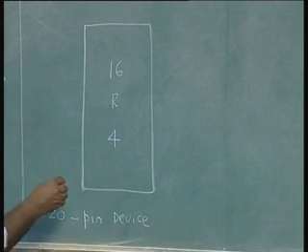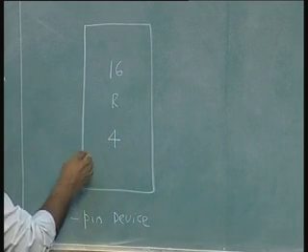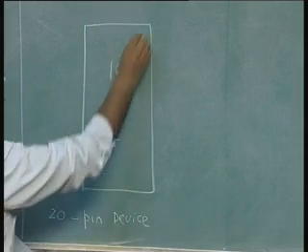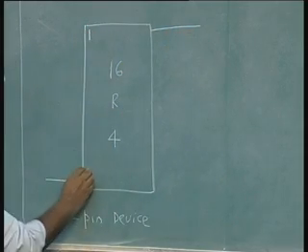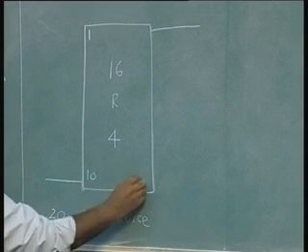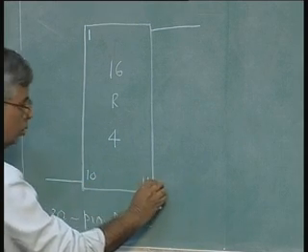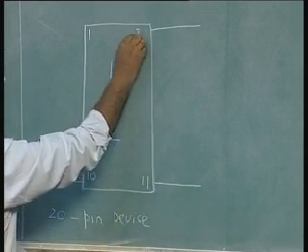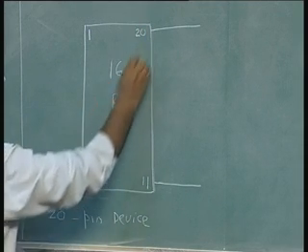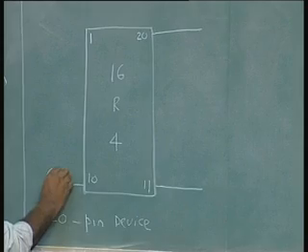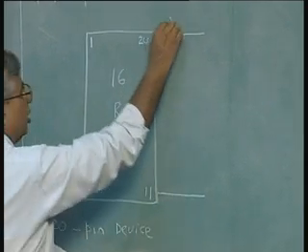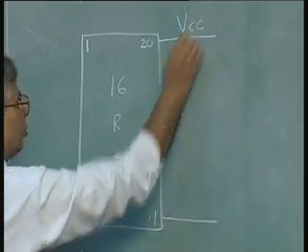Any device needs a ground and VCC power supply. So this is numbered from 1 to 10, and 11 to 20. Pin 10 is ground, and pin 20 is the VCC power supply.